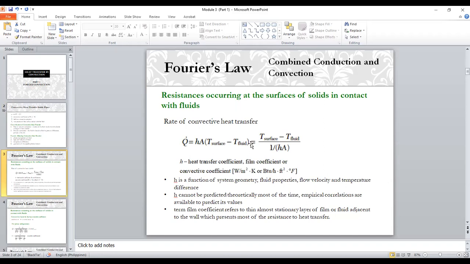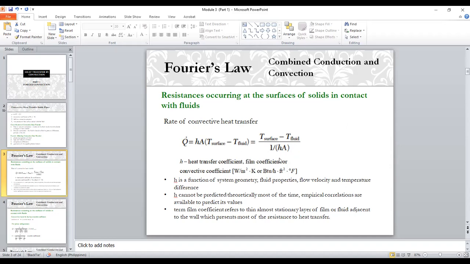But if we rearrange the variables in our equation, you can see right away that if I place the temperature difference in the numerator, and in the denominator I place the reciprocal of the product of the convective heat transfer coefficient and the heat transfer area, then that tells you right away that the temperature difference is your driving force, and the reciprocal, 1 over HA, is your resistance to flow.